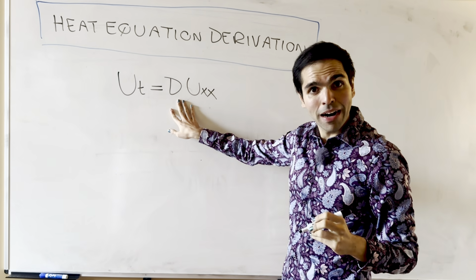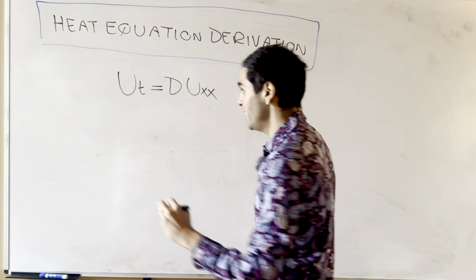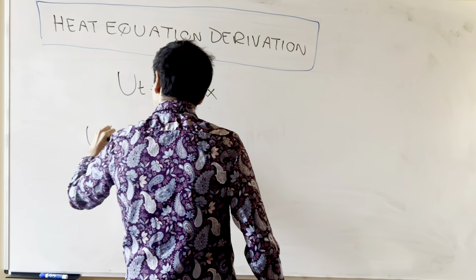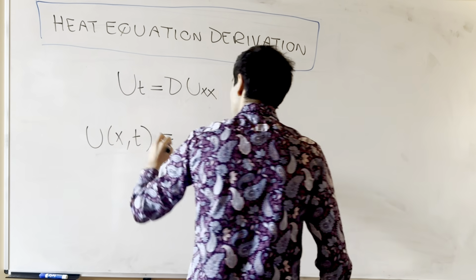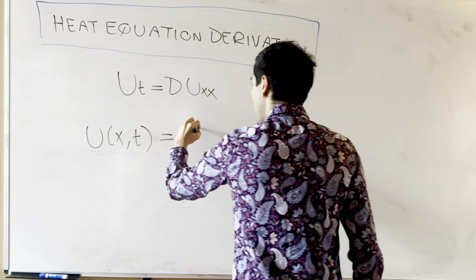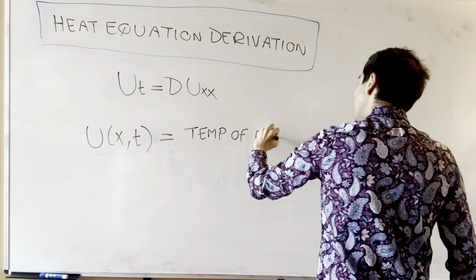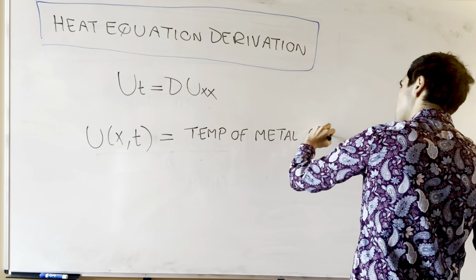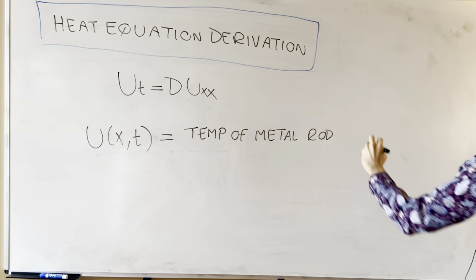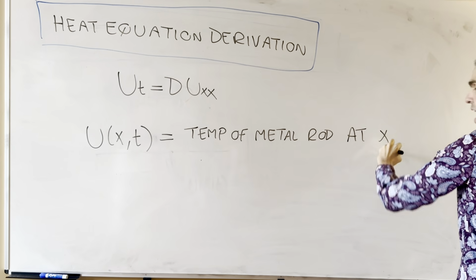And I would like to remind you of the physical interpretation. Here, u(x,t) measures the temperature of a metal rod or metal string at position x and time t.